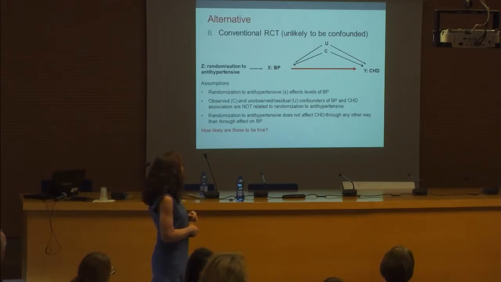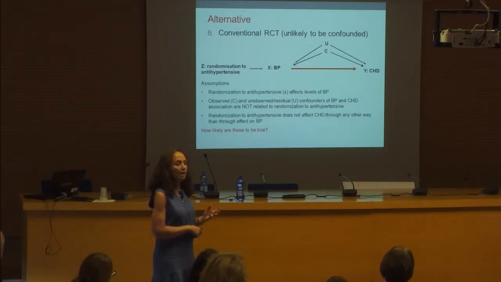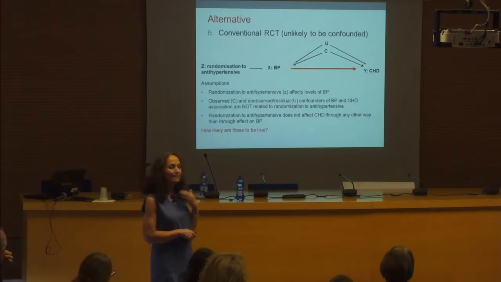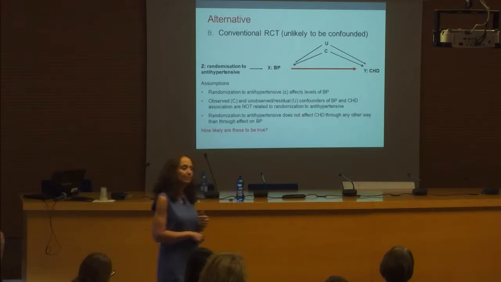What the graph is showing you is that you don't think it's plausible that there is a link between being randomized to antihypertensives and either measured or unmeasured confounding factors. That randomization to antihypertensive is known to be causally related to blood pressure, or is at least plausibly causally related to blood pressure.